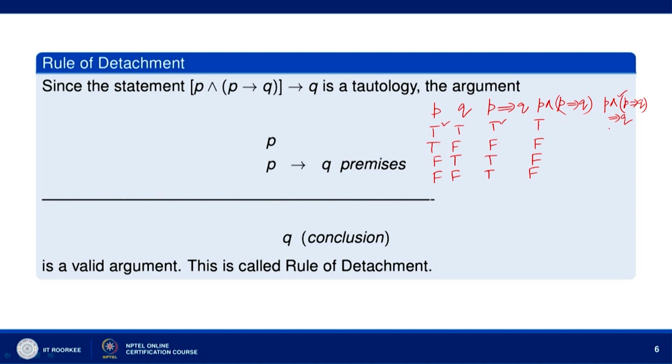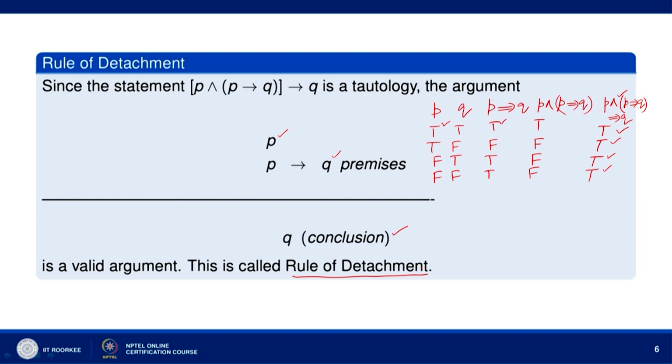So, T gives T, then F gives T, then Ft gives T, then Ff gives T. So, all the entries in this column are T. Therefore, P and P implies Q implies Q is a tautology. And so, if P and P implies Q are premises, they give the conclusion Q. Q is a conclusion. This is called rule of detachment.